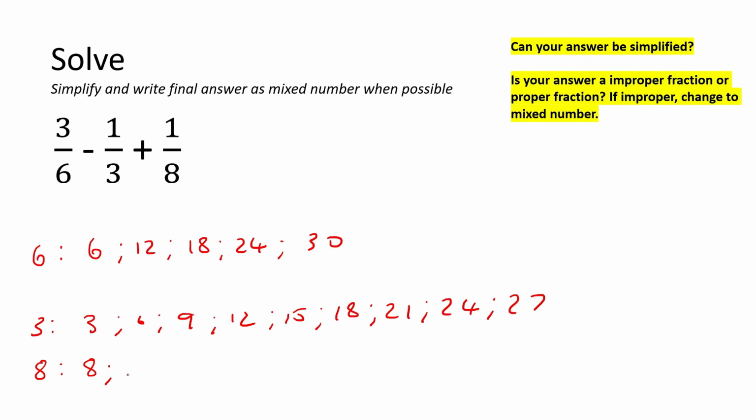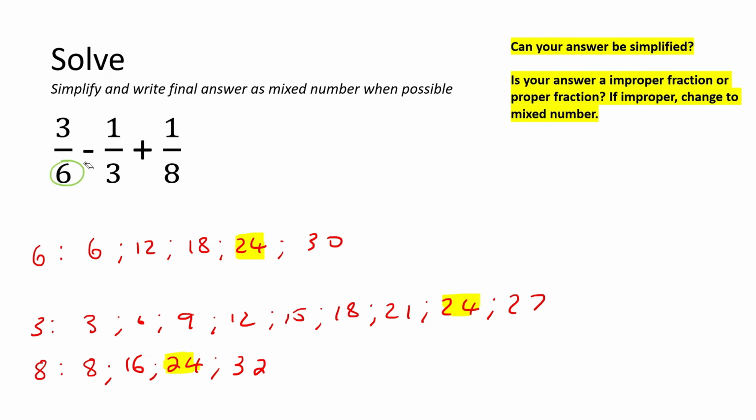This one, 8, 16, 24, 32. Can you see that they all have the number 24? Therefore, we can use that as the lowest common multiple. You might say, yeah, but what about 12? Yeah, but this one doesn't have 12, so it has to be in all three. So 24 is the number.